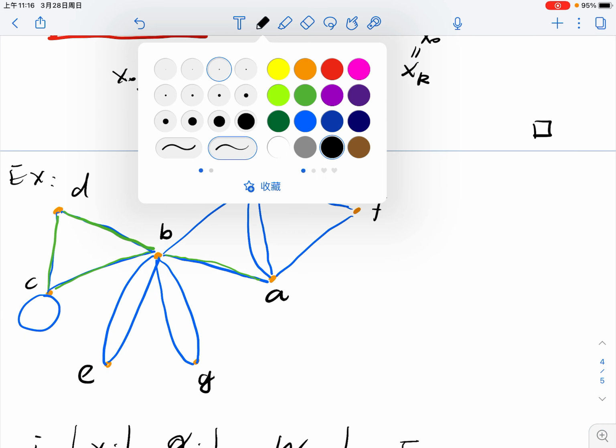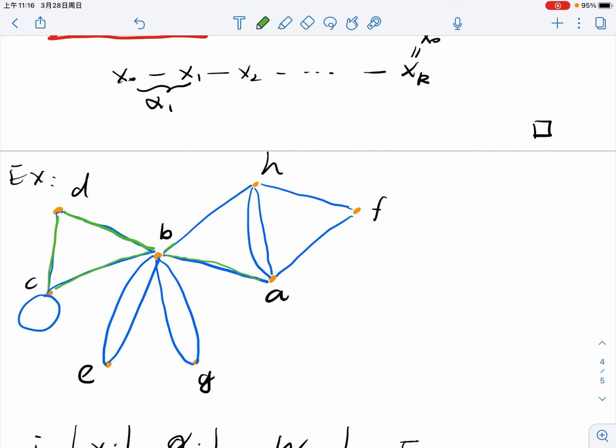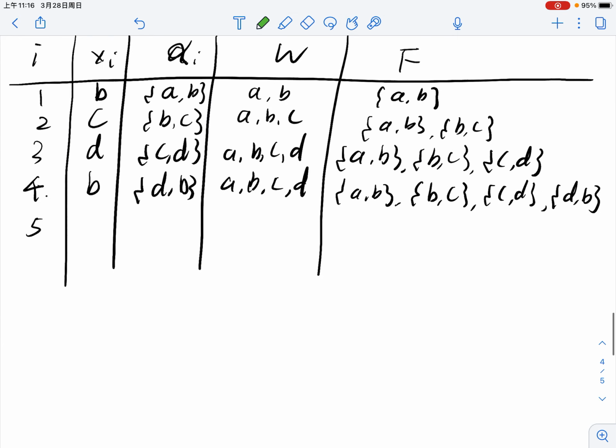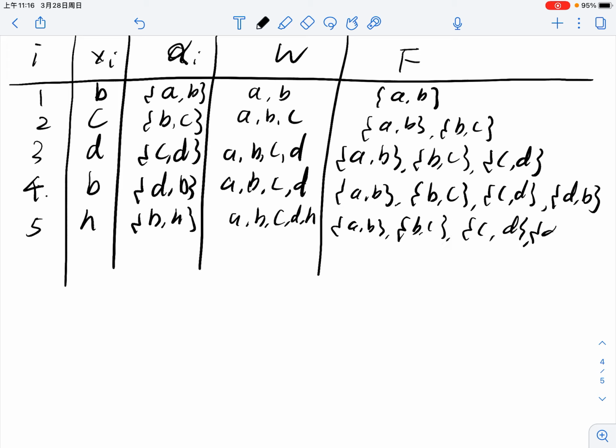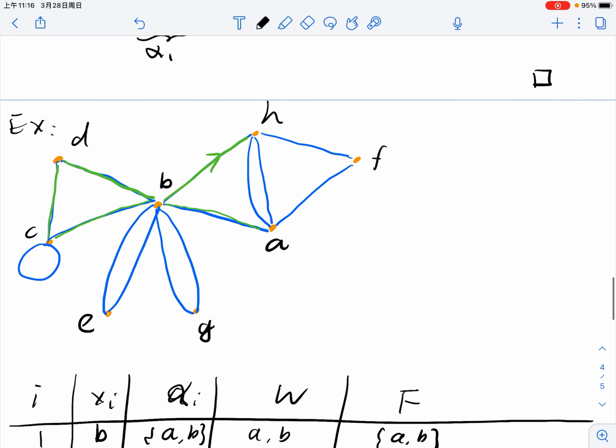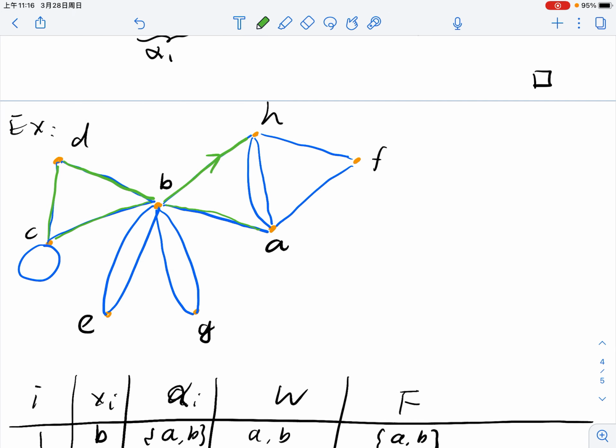And then from B, you can choose a new edge, to H. So you have H, and for F, you increase it by BH. And the next step from H, you can choose A, coming back.